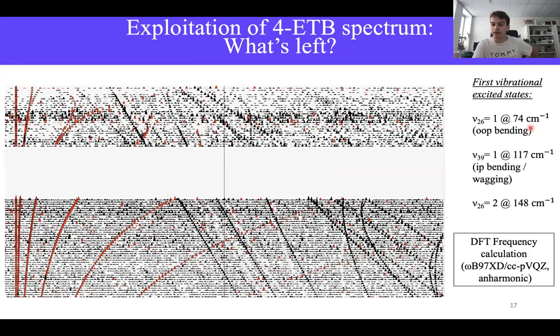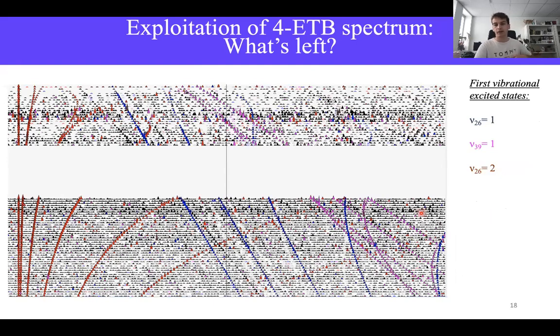So we calculate with the anharmonic DFT frequency calculation the first vibrational states. So we have V26, V39, and 2 quanta in V26. And when we try to assign these lines to the vibrational states, here is the result.